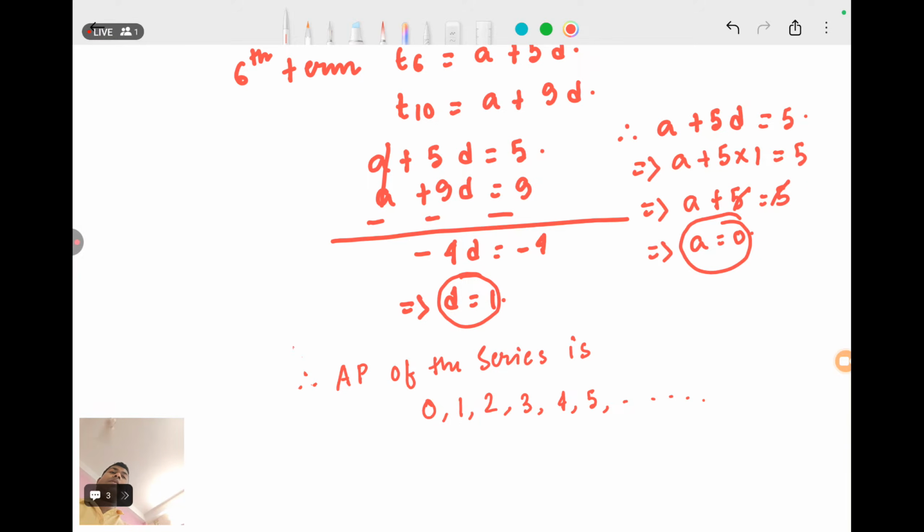Okay, now it is very easy for you to find out because I have shown you. So I think you have learned about arithmetic progression.